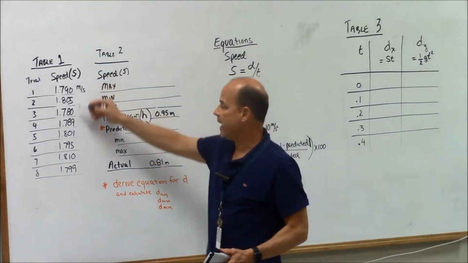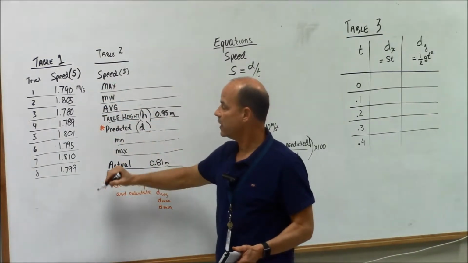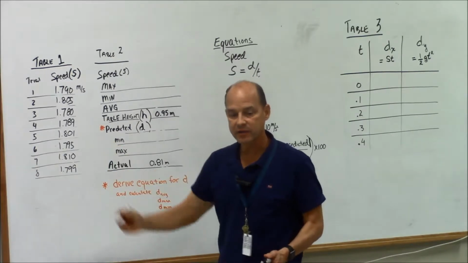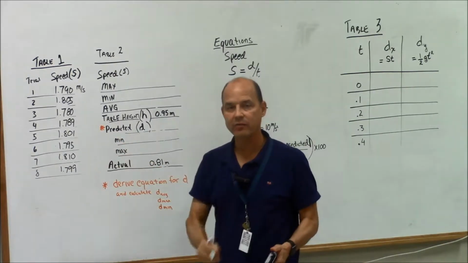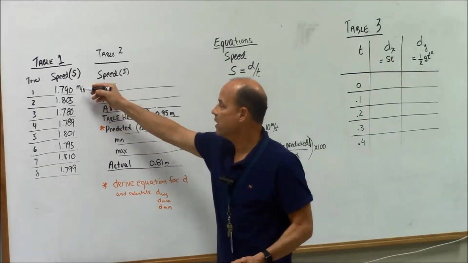You are given 8 velocities, so this is representing each time you ran the marble down the ramp and the speed was clocked by the photo gates, you recorded a speed.